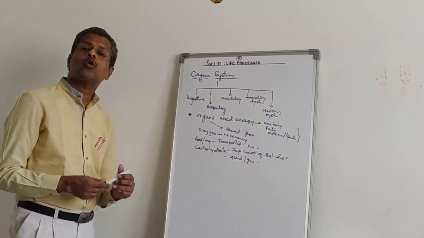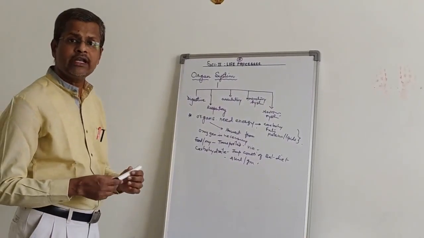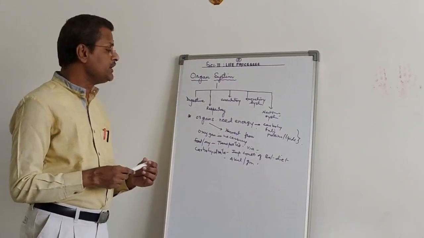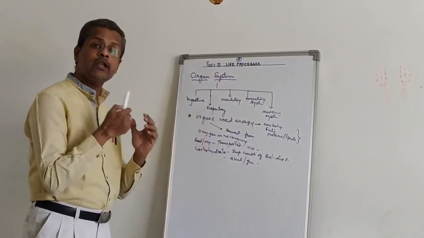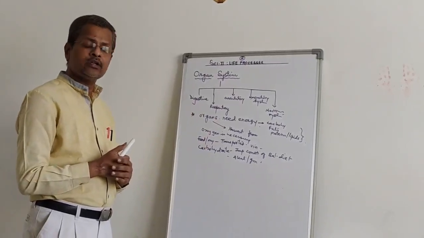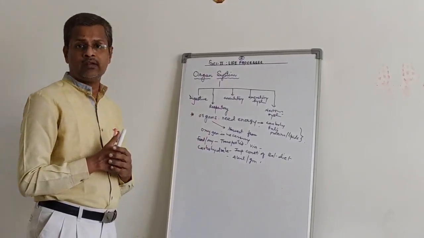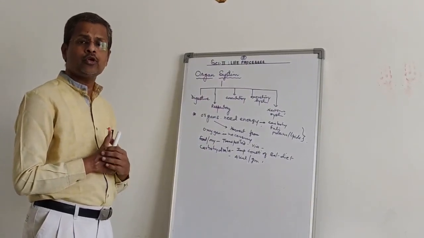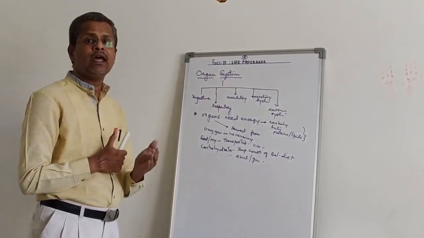So for proper functioning and proper coordination, these organs, either external or internal, need energy. And these organs obtain energy from different constituents of the food which they get from a balanced diet.